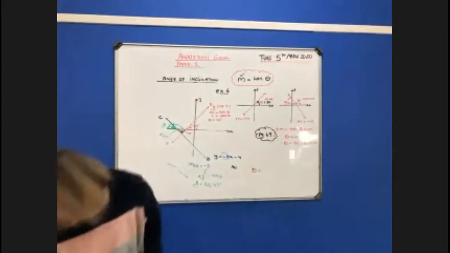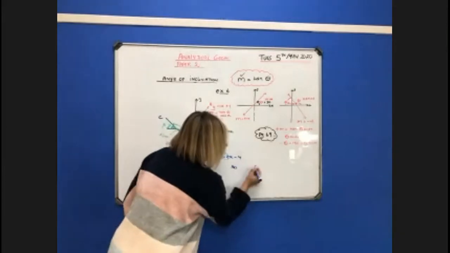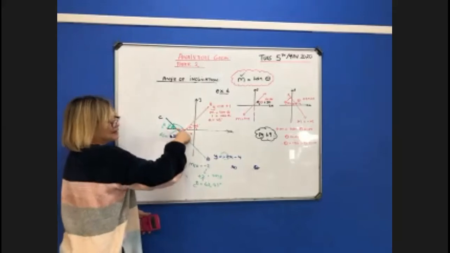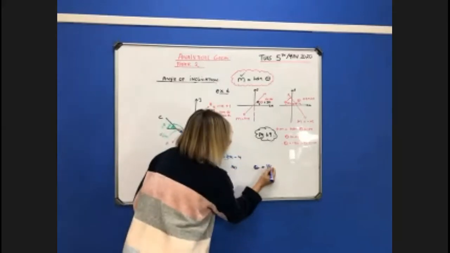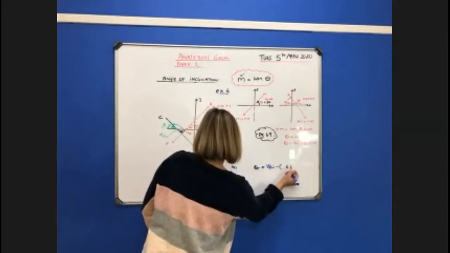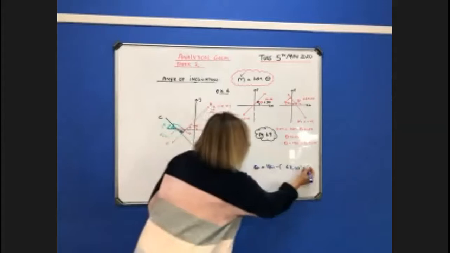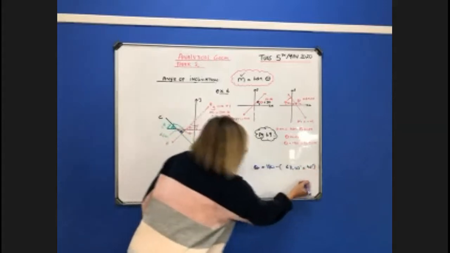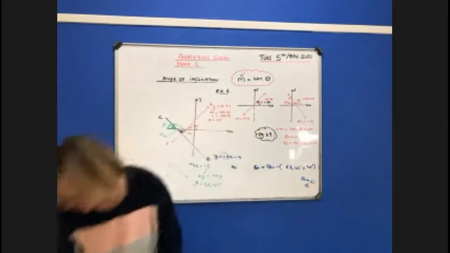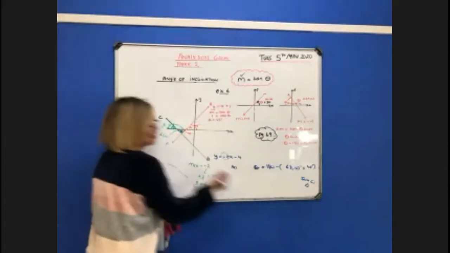Let me keep it blue. Sorry, I've got a color coding here. So the angle theta, which is there, will be 180 minus the sum of the 2 acute angles, 63.43 and 45 degrees. How do I know that? Because of the sum of angles in a triangle. Which triangle am I talking about? This tiny little green triangle.